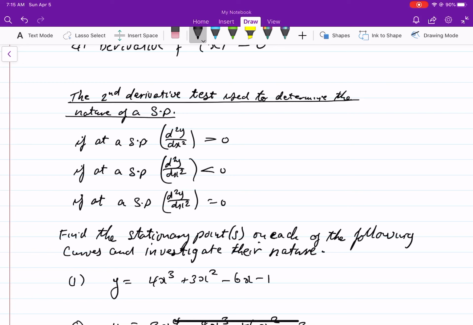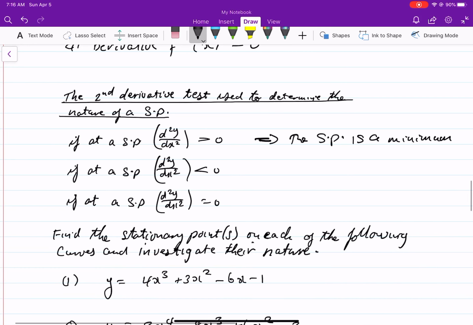And here it is. If at a stationary point you find that the second derivative is greater than 0, or positive, that implies that the stationary point is a minimum stationary point. If at a stationary point the second derivative is less than 0, which is negative, that means that the stationary point is a maximum stationary point.